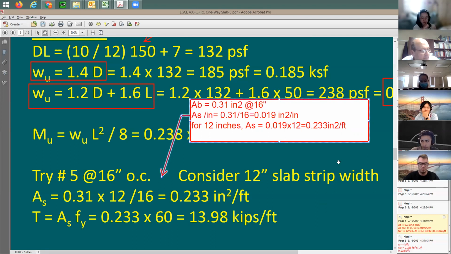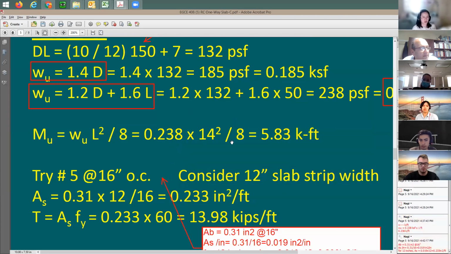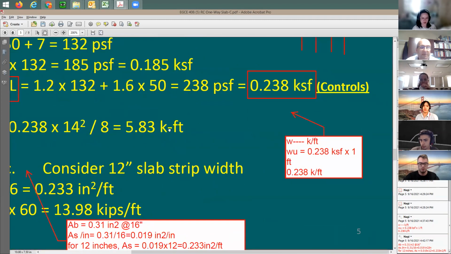When we calculated Mu, L is to the second power. How is it that we have an extra foot? Yeah, because it's pound per square foot times foot squared. That should cancel out. Now, it is not going to be pound per square foot.